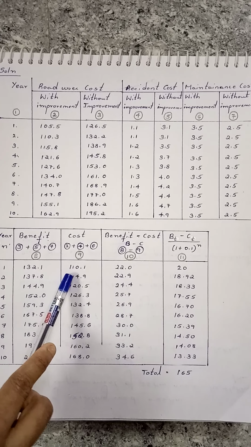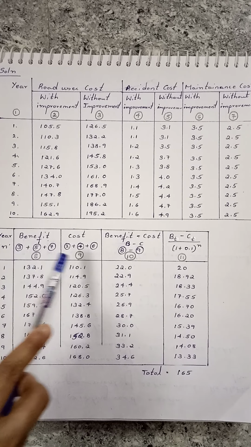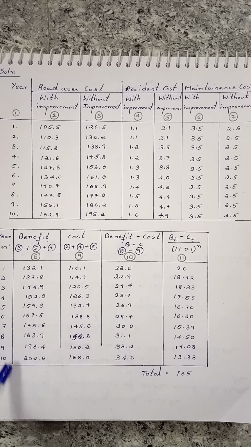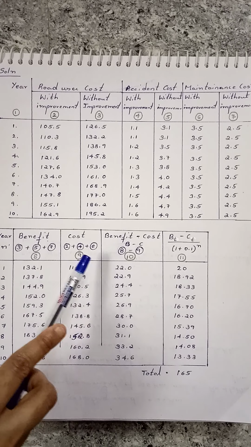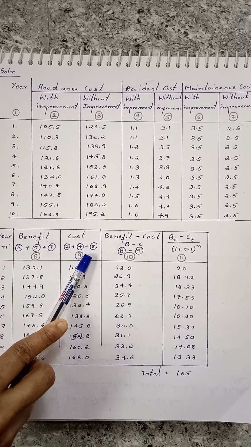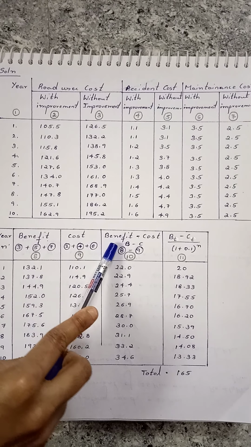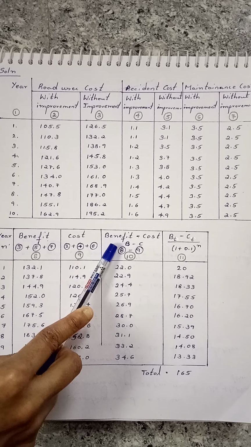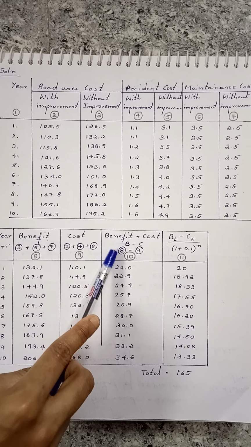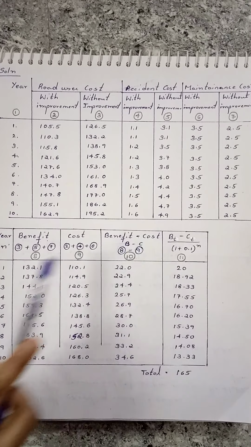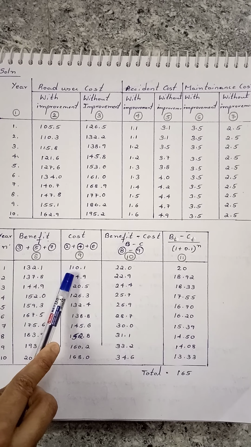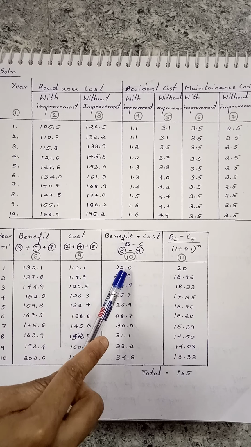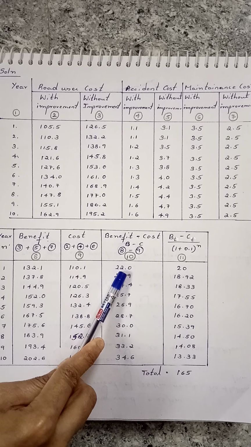Similarly, you have to calculate benefit as well as cost for all the n number of years. Once you have calculated benefit as well as cost, you come to the next column, benefit minus cost, that is 132.1 minus 110.1, which gives 22.0.